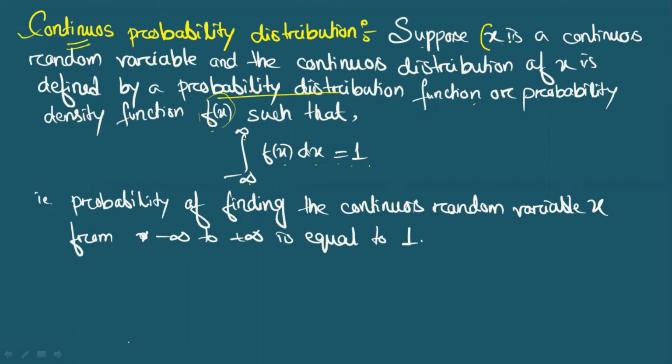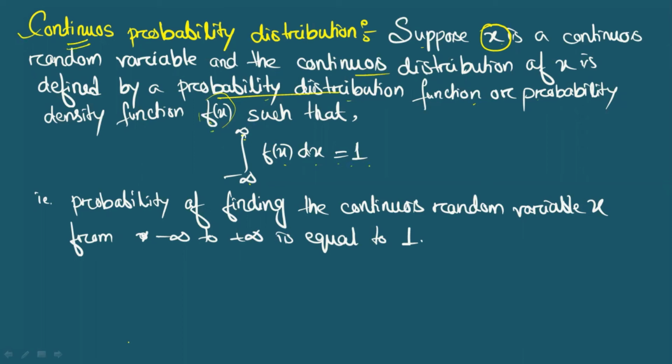For this you are taking a random variable which is continuous. Then the continuous distribution of this random variable is defined by the probability distribution function or probability density function, denoted by f(x).